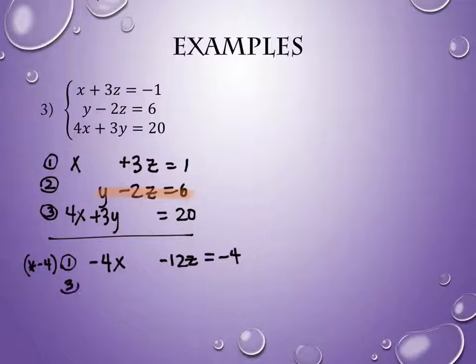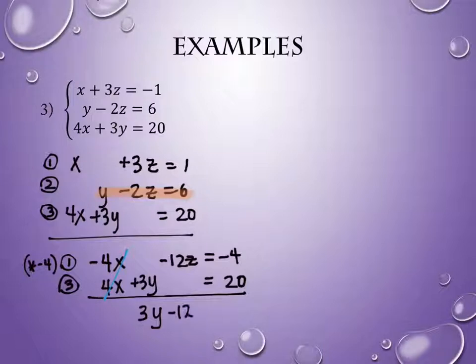And then equation 3 can stay put: 4x plus 3y. Notice the 3y and the 12z can't combine, so I'm putting them in separate columns to remind me of that. And then when we add them together, lo and behold, the x's go away, and I'm left with 3y minus 12z equals 16.